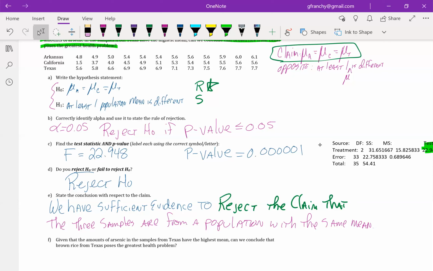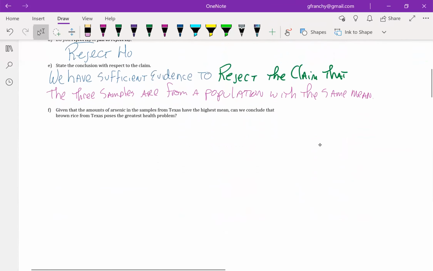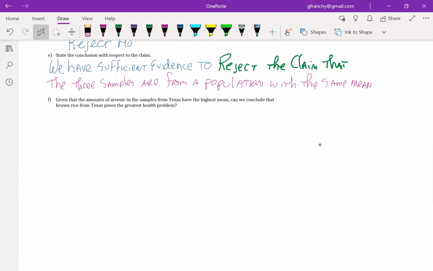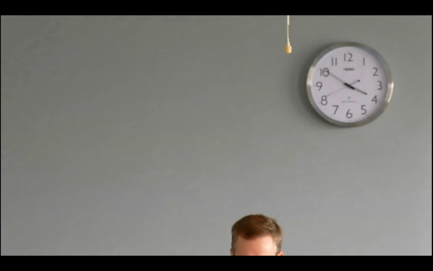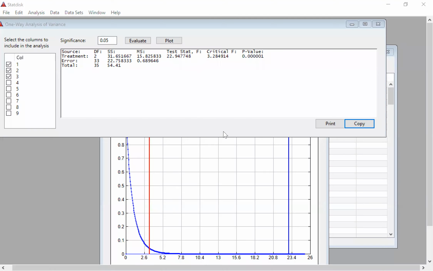And there are 2 ways that we can explore this. They asked us the question, well, the sample mean from Texas was higher than the other 2. I think that's obvious. I'm going to go back to StatDisk here.